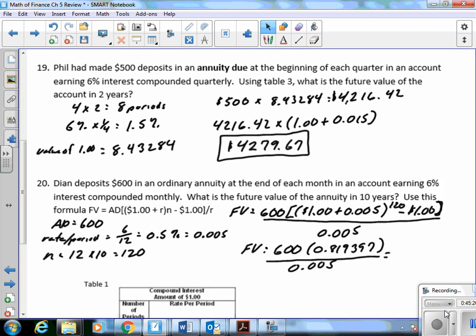Multiply that out, divide by 0.005, and we get the answer of $98,327.61.